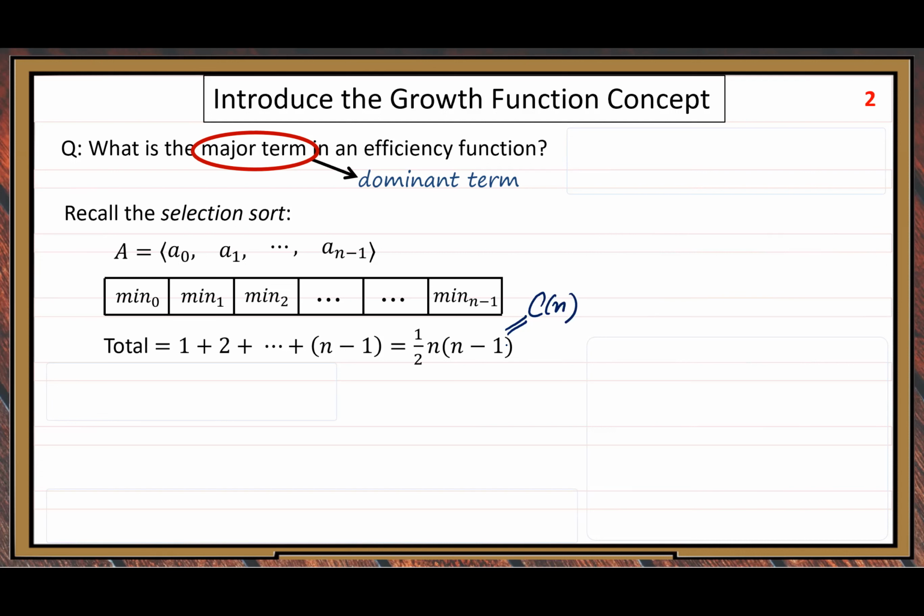We can expand it into two terms. The first one is the dominant term, but we have a leading coefficient 1/2. In our second round, we drop this leading coefficient.